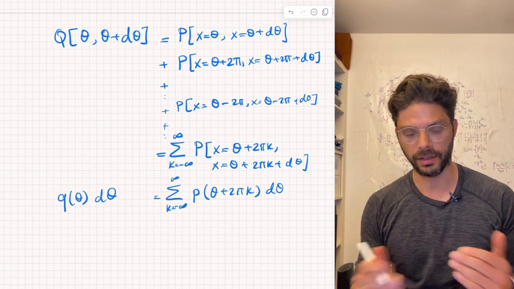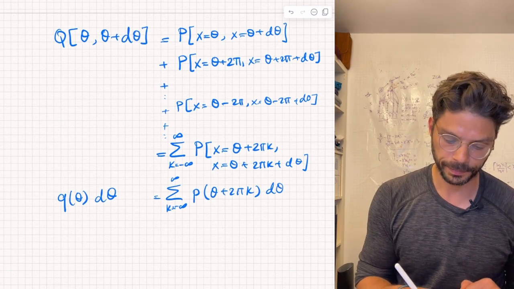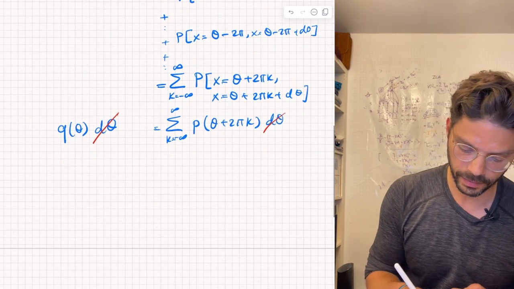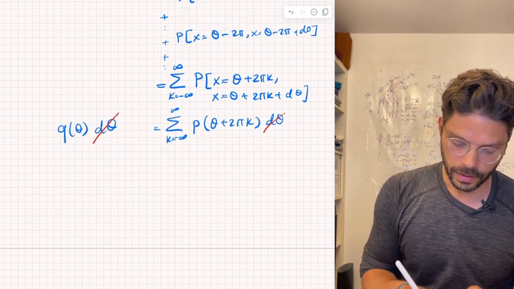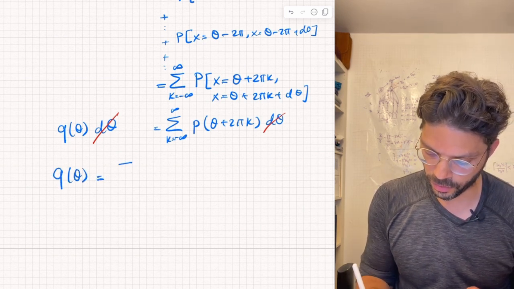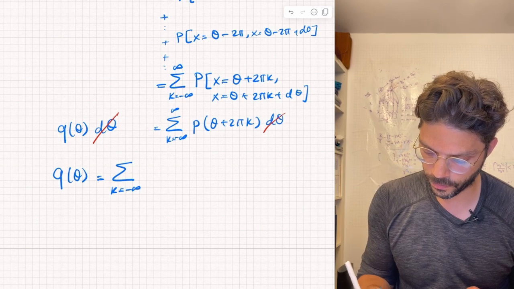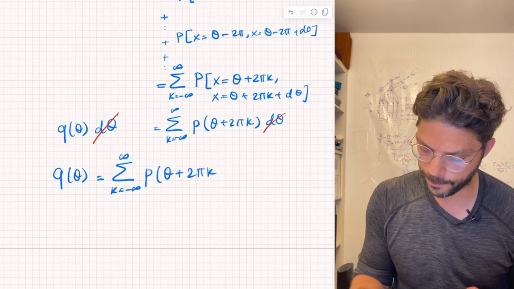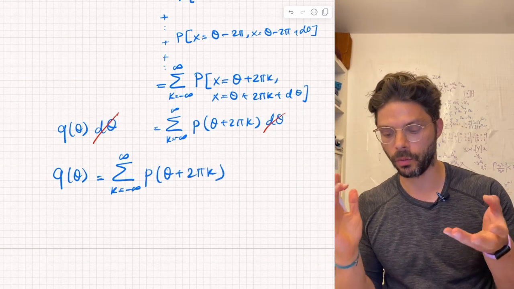And so the d thetas will cancel out. So let's just cancel them out. So now we get q theta is going to equal the sum of p of theta plus 2 pi k.